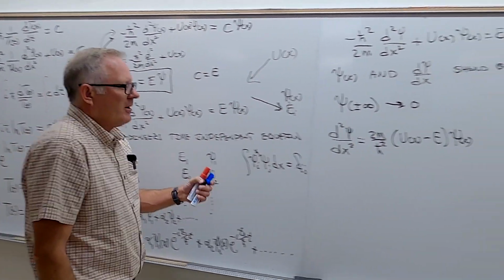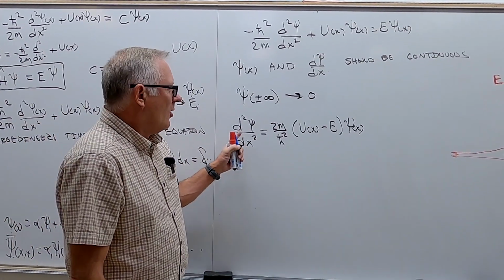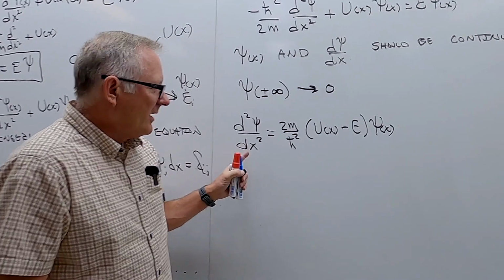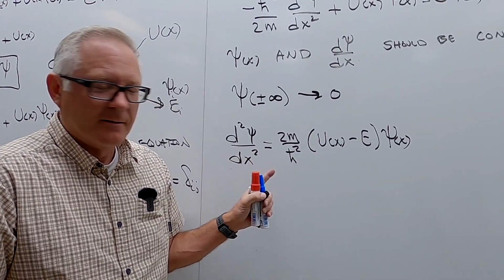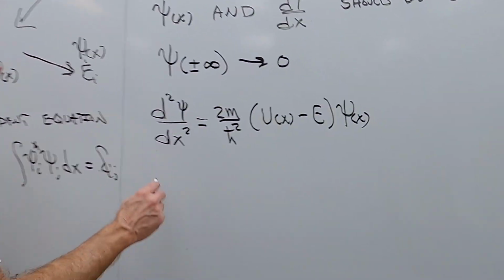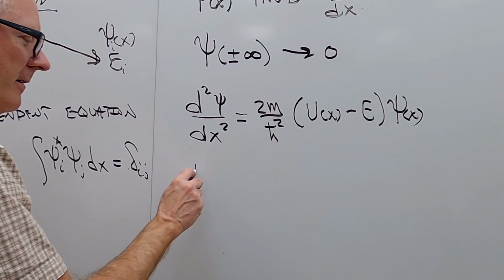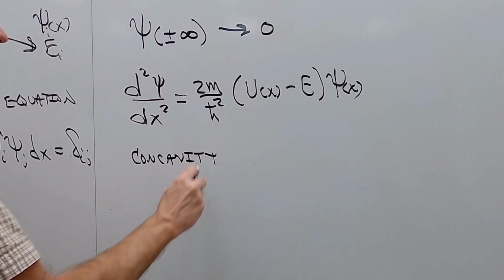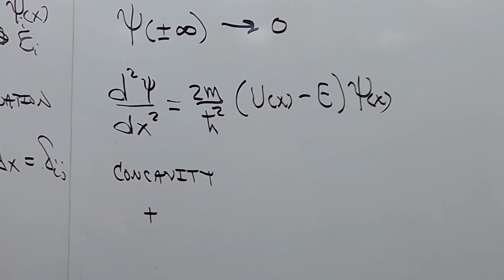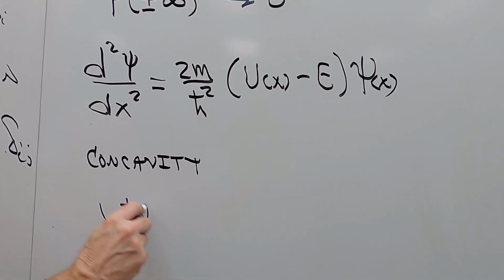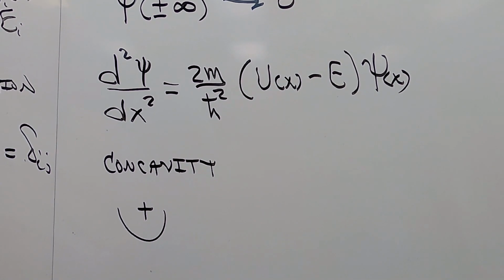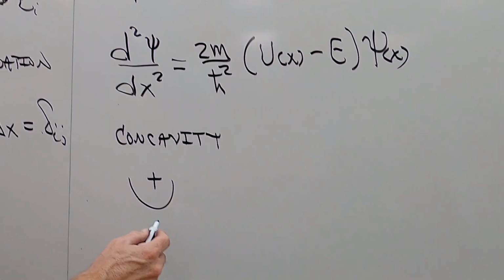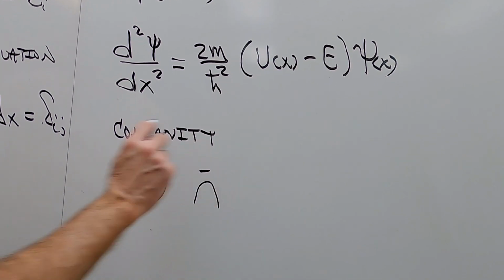Okay, remember from math, the second derivative of a function tells you its concavity. And the concavity, if it's positive, then it kind of goes like this. And if it's negative, it kind of goes like this.